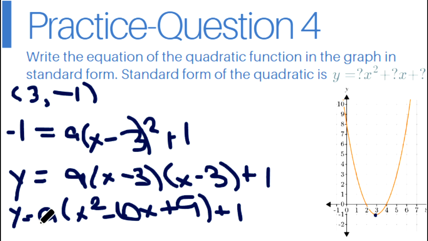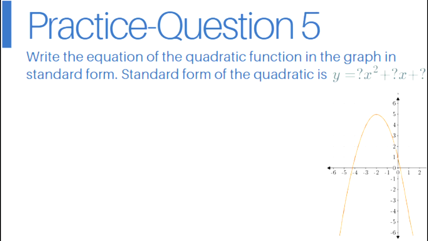Okay, and maybe I don't need the a. I'm really doubting myself now. So do we have x squared minus 10x plus 10? Is that our final formula? Is it? Because a should be positive because it's upward. We're just going to assume that's right. If it's wrong, let me know.